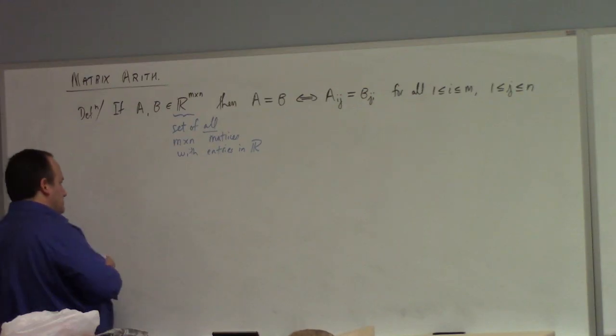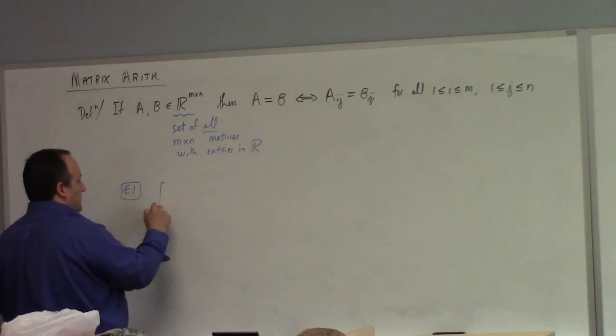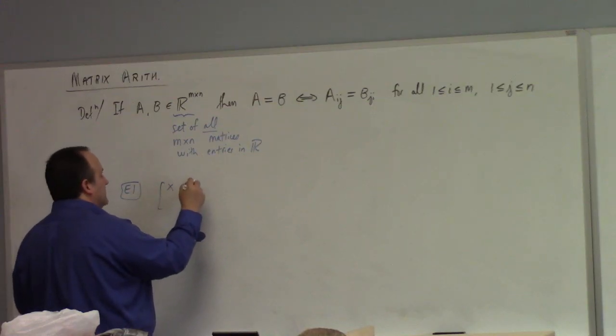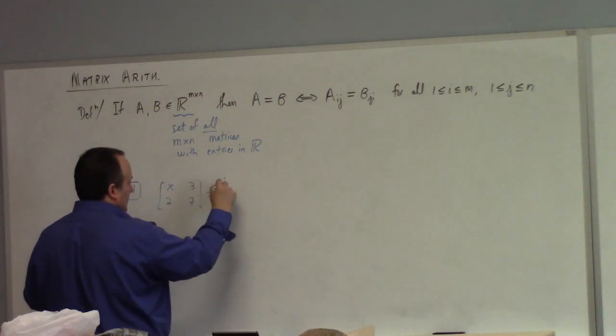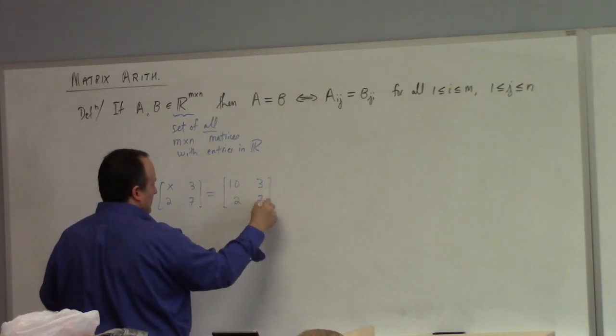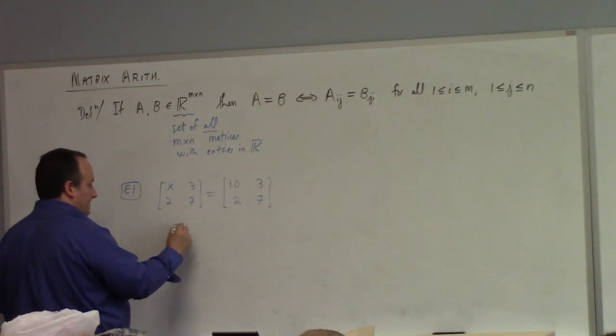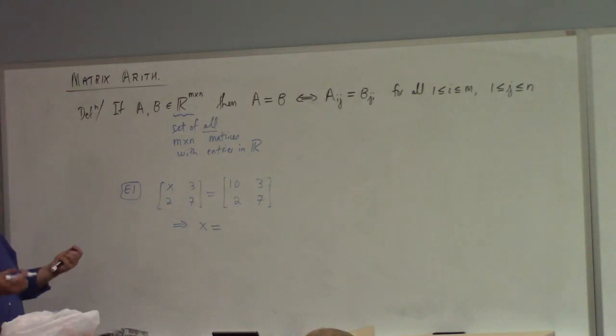So, for example, if I had x, 3, 2, 7 equals 10, 3, 2, 7, this forces what? x equal to what? 10, right.